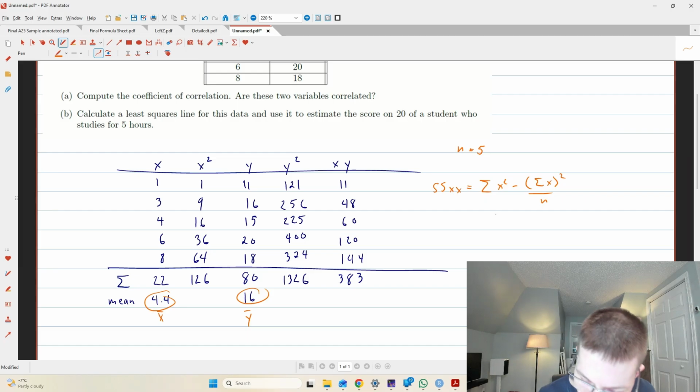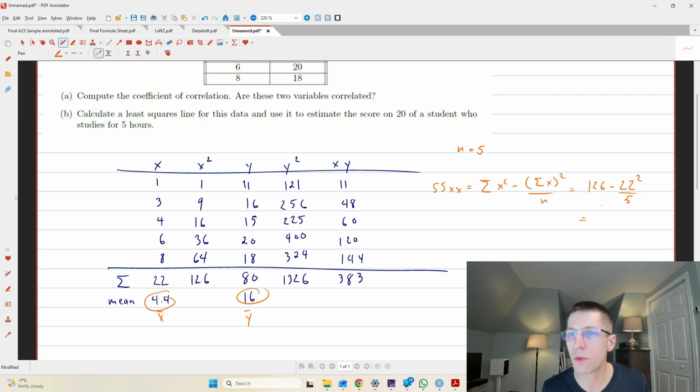And so having the table helps me here because I know my sum of my X squared is 126 minus the sum of X is 22, and I have to square that, 22 all squared. Maybe we'll just write that as a separate step, 22 all squared over 5. And what's that going to work out to? That's going to work out to, should be 29.2.